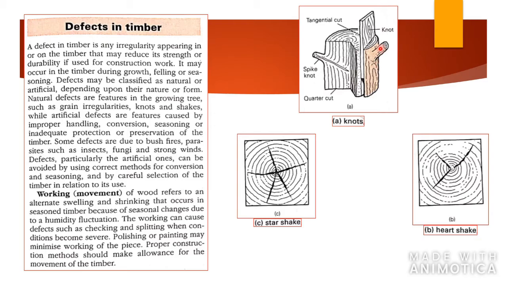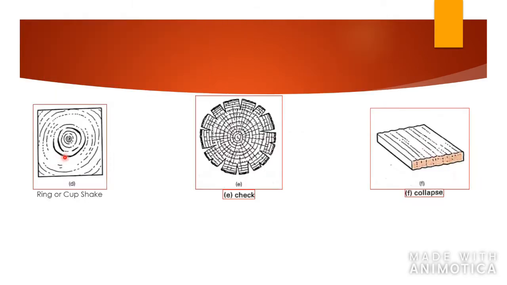You also have star shakes, and these are splits in the middle of the wood. You have heart shakes, and these don't go all the way around like the star shake. You also have the ring or cup shake, where the middle is separated by the circles, so it looks like a U, and it doesn't go all the way around either.